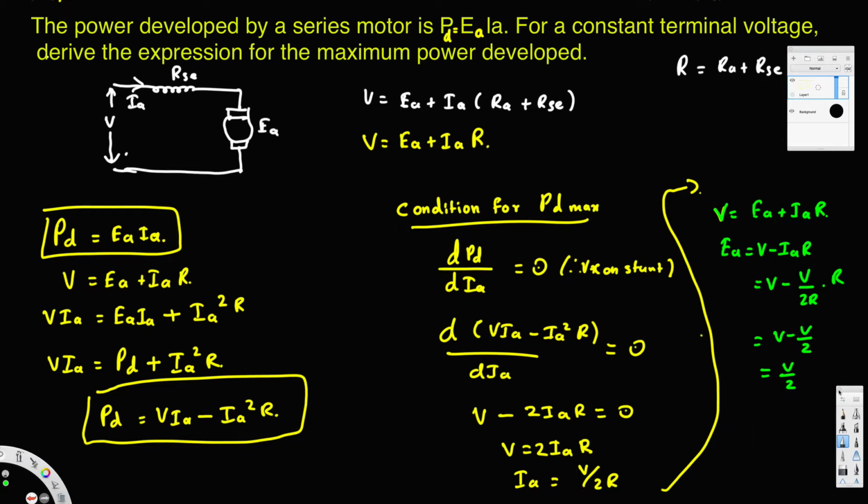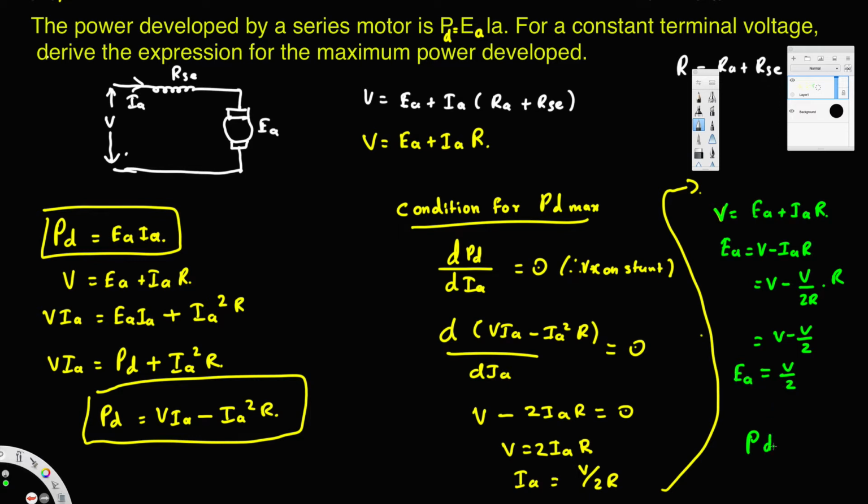Okay. Now we know that PD maximum is equal to EA times IA, and also we derived the equation that EA is equal to V over 2.